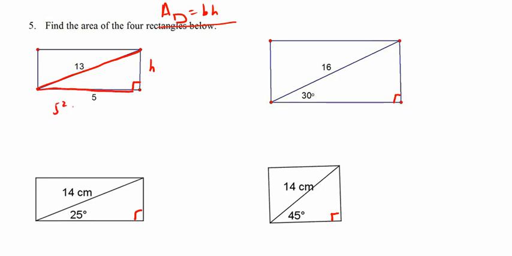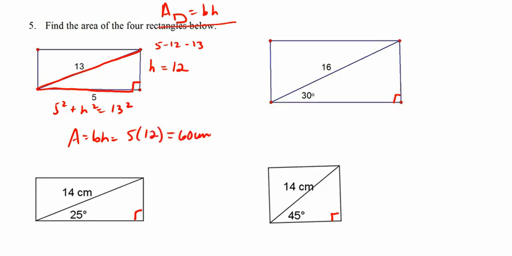And yes, you could do 5 squared plus h squared equals 13 squared and solve for h, but you all know at this point that we have a 5, 12, 13 triangle here, so the h must be 12. Therefore, area is base times height. We've got 5 for the base, 12 for the height, which is 60, and that's going to be units squared.